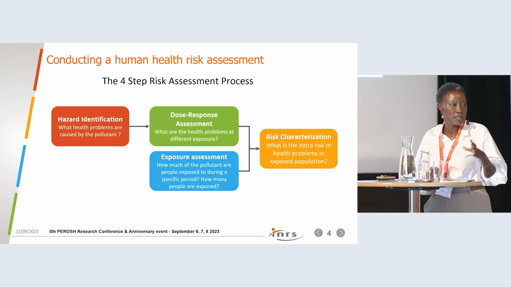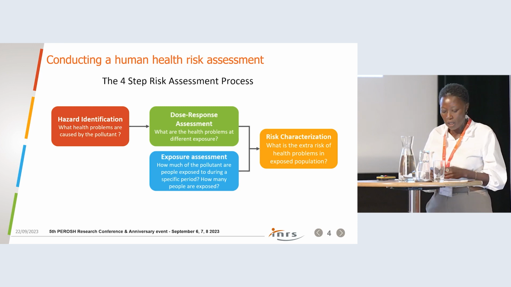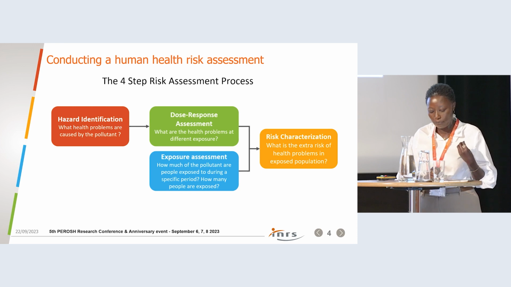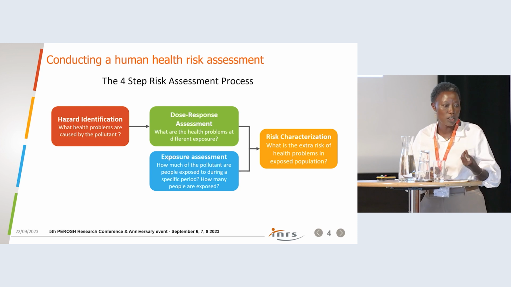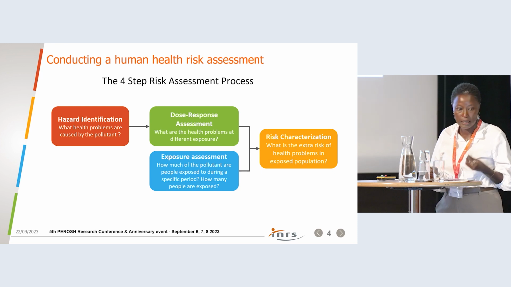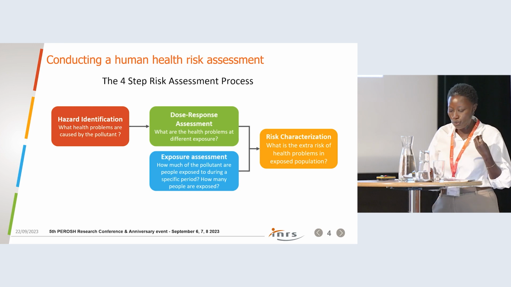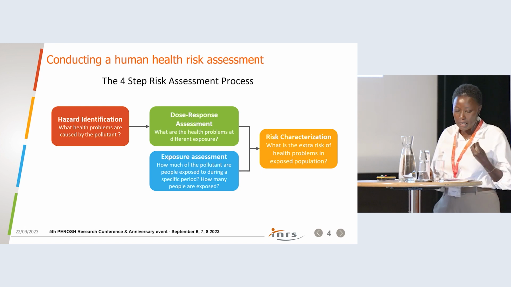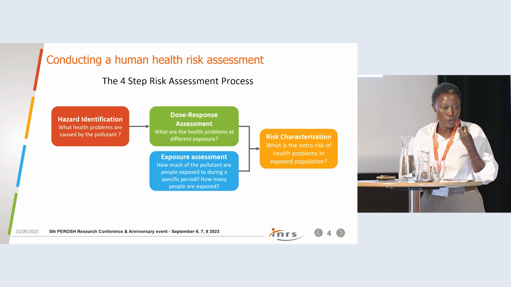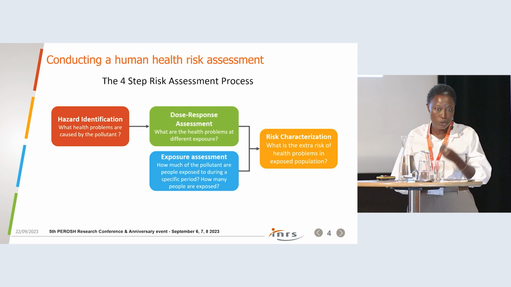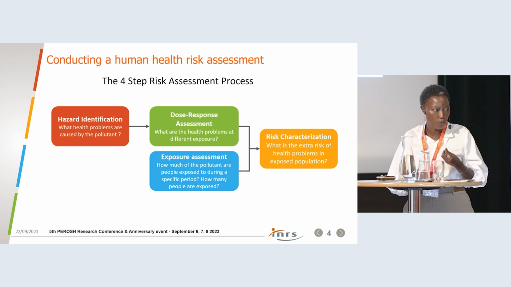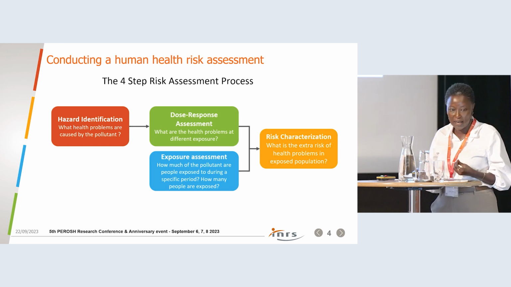The first step is hazard identification, which tries to answer the question: what are the health problems caused by a pollutant? Then we have the dose-response assessment to investigate the level of exposure associated with the health problem we identified.